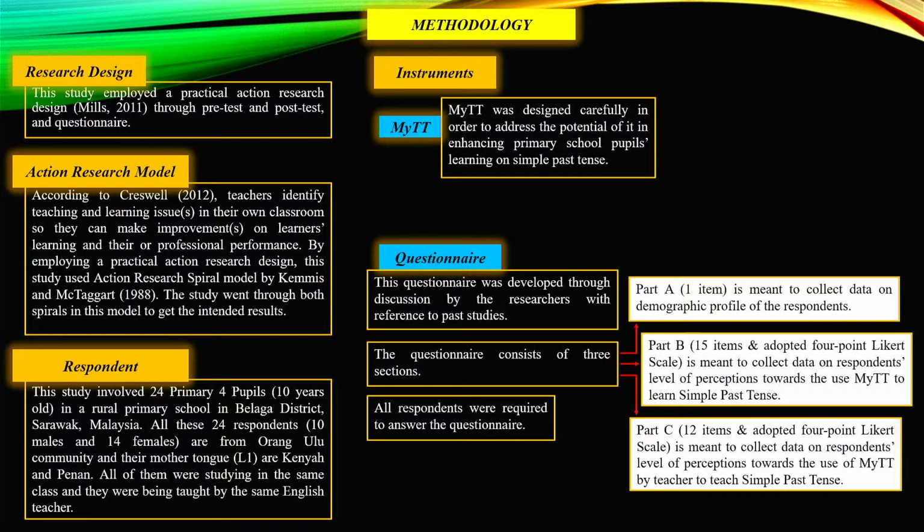And the third part is to collect data on how they see the teacher using MyTT to teach them simple past tense. All of them need to answer the questionnaire at the end of this study. Meanwhile, for MyTT, they answer it in the pre-test and post-test. Next slide, please.